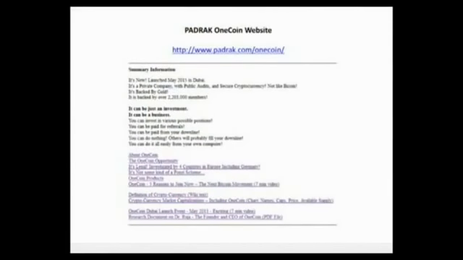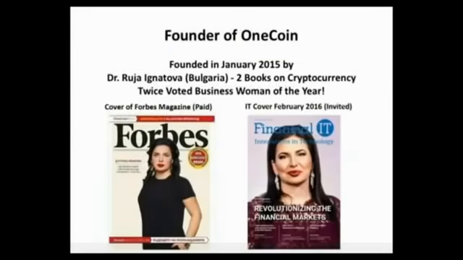This is now going into the OneCoin website. This is just a screenshot showing you it's very simple, easy to read. And the next slide. Now, we want to talk a little bit about the founder of OneCoin. She's a very interesting lady. She comes from Bulgaria.